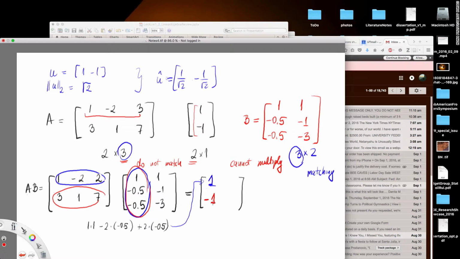I'm just going to move over and do the second one. So basically, I'm going to have 1 minus 1, 2 times this, and I'm going to change the color here into this and that. So I'm going to have 1 times 1 minus 2 times minus 1 is plus 2. So that's 3. Minus 6 is minus 3.